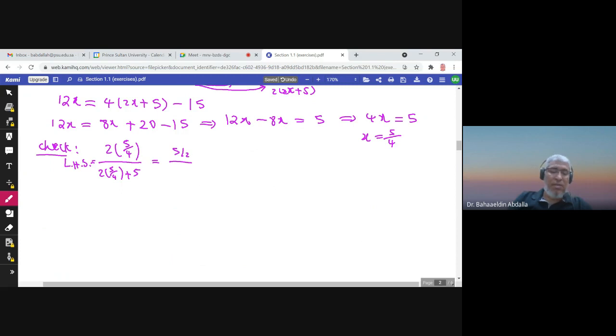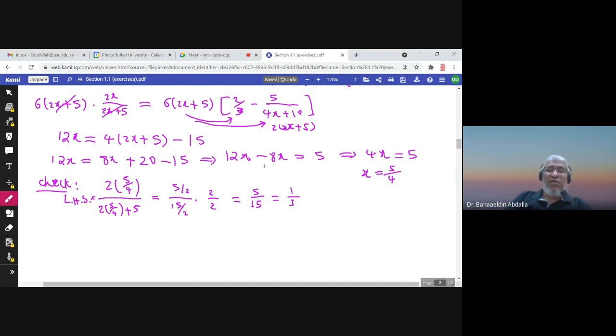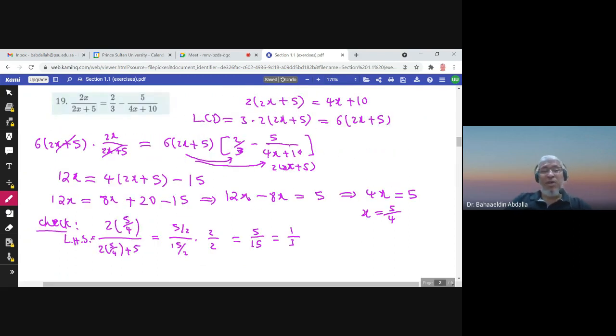That's 15 over 2. If you multiply by 2 over 2, then this 2 would be cancelled with this, and this would be cancelled with this. And you will have 5 over 15, which is 1 over 3. So the left-hand side, when we replace x by 5 over 4, is 1 over 3.